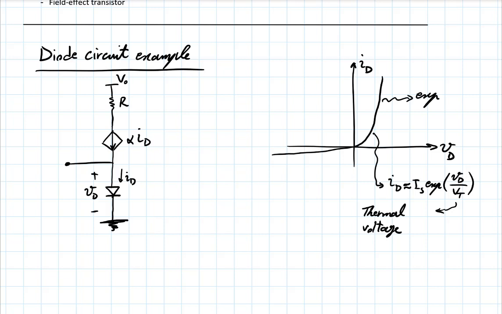That's why I'm putting approximate here. But this is the essence of the behavior of a diode in the forward region, that exponential behavior. The current is an exponential function of the voltage applied across the diode.